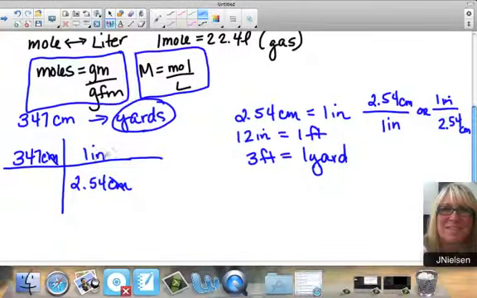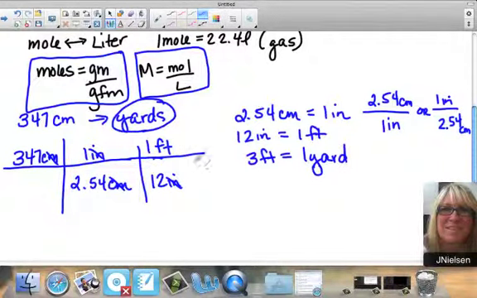Now, I don't want inches, I want yards, so now I can say 12 inches equals 1 foot, and my inches cancel. And my last conversion factor is 3 feet equals 1 yard. My feet cancel. And I'm left with units of yards, which is what I wanted to have.